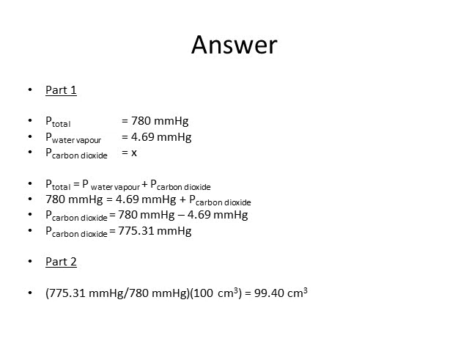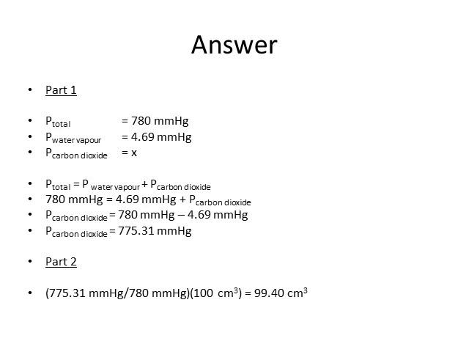You know your total and you know your water vapor. So do some simple algebra to this equation to work out what the pressure of the carbon dioxide is. And from some simple mathematics, you should have got 775.31 millimeters of mercury.